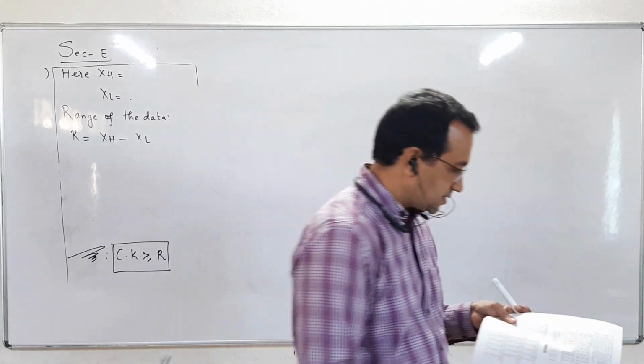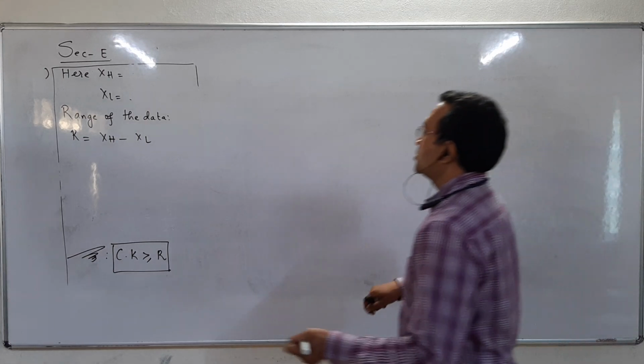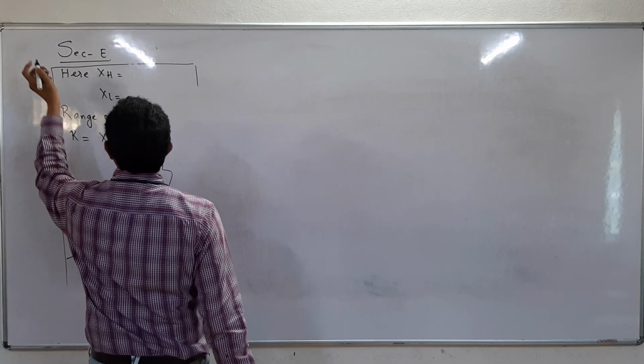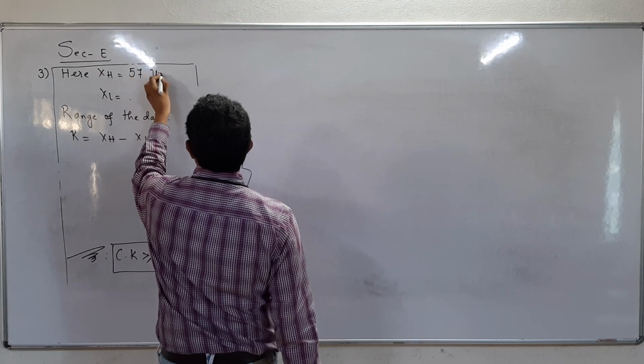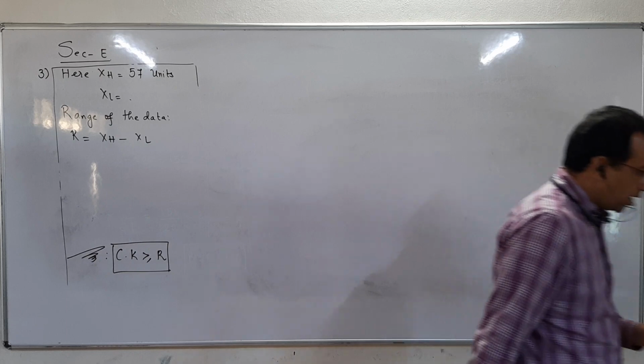Okay, once again, let us find the range by taking XH and XL. The minimum value is 24 and the maximum value is 57. So XH, sum number 3 students, XH is 57 units and XL, students, is how much?